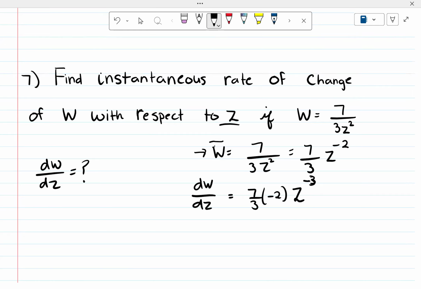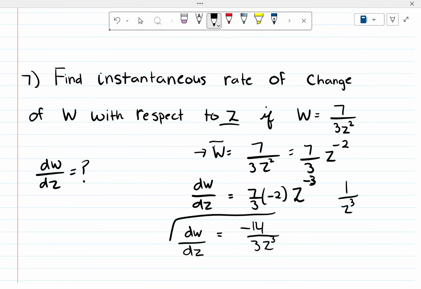So you get dw over dz equals 7/3 times negative 2, which is negative 14 over 3, and then z to the negative 3. If you want to write that as a positive power, you can put the z cubed on the bottom. And that's your final answer.